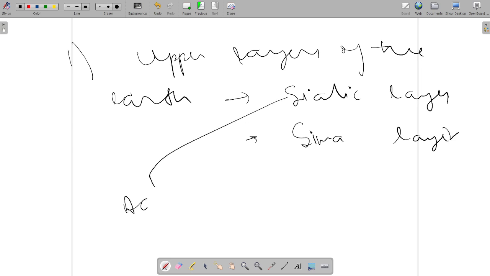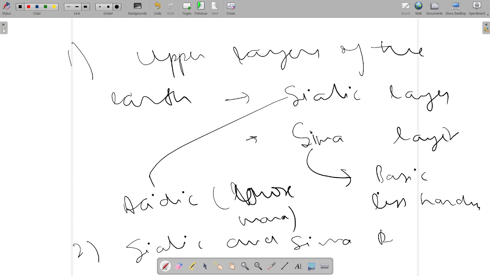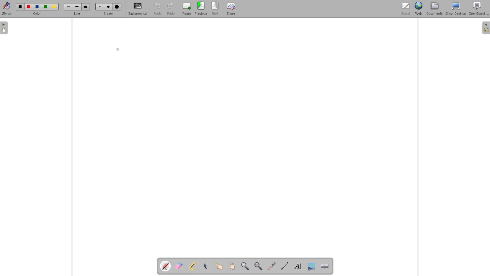Sialic rocks are acidic, so more hard, and Sima rocks are basic and are less hard. Second, the Sialic and Sima rocks are also different in density.